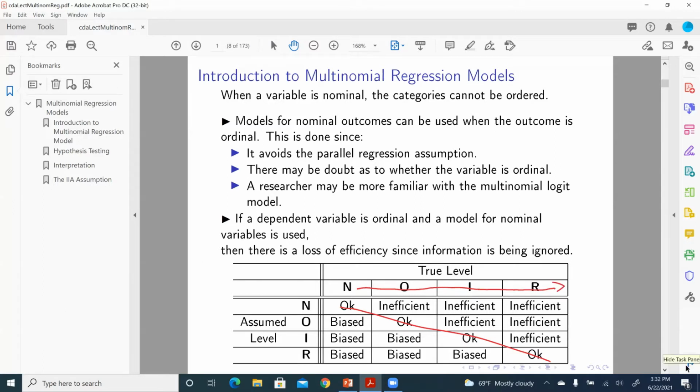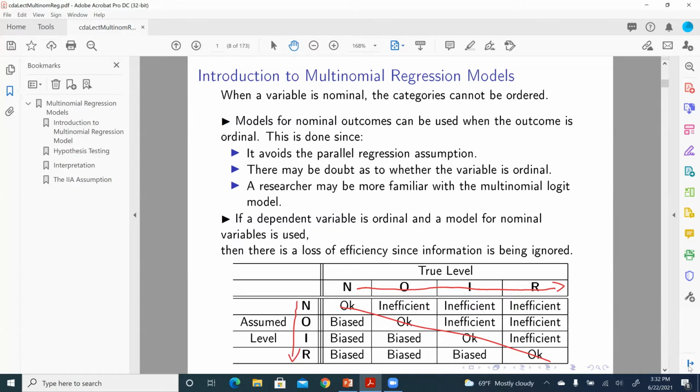As the arrow goes, the more quantitative the type of variables becomes. And here we have the assumed level, also from qualitative to more quantitative. What's going to happen when the assumed level is more qualitative than the true level?